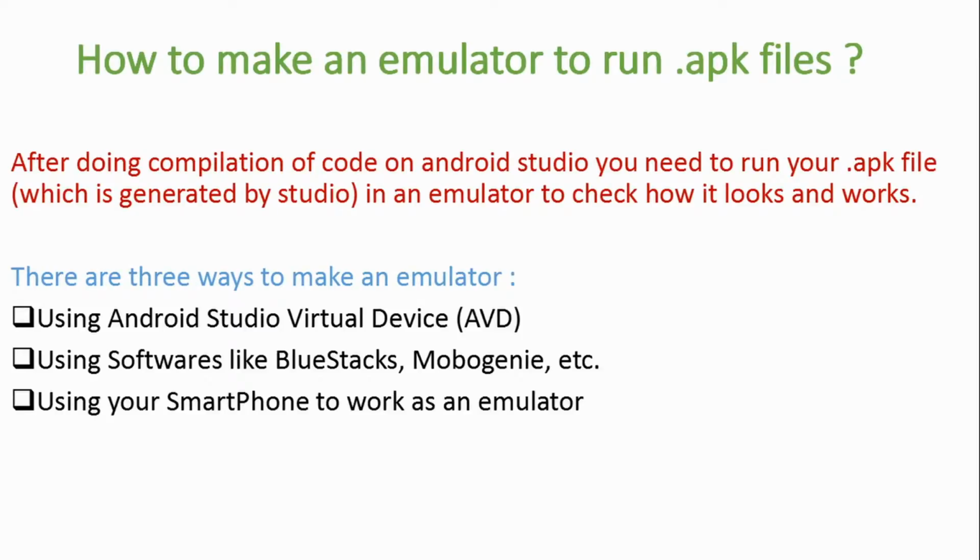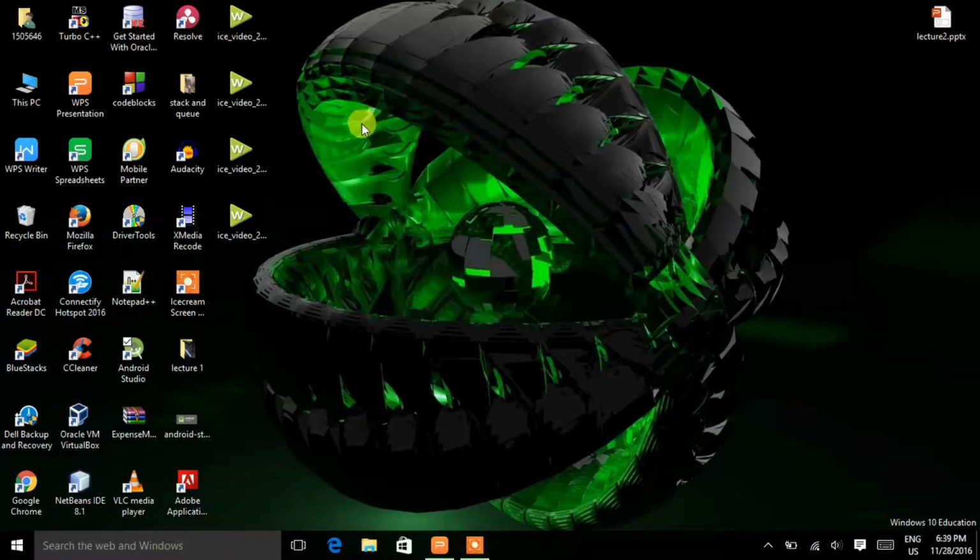The second is using software like BlueStacks, Mobigene, etc. And the third one is using smartphones to work as an emulator. The third one is very important, and I will show you how to convert your smartphone into an emulator in our next lecture. But in this lecture, I will show you how to make an Android virtual device through Android Studio.